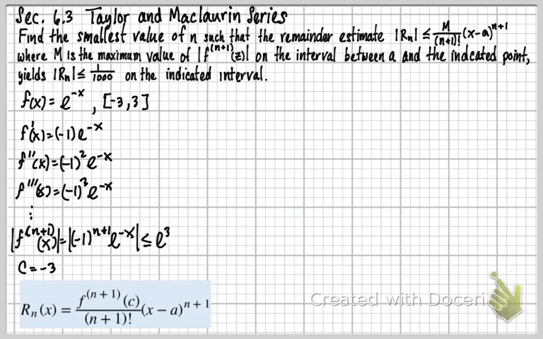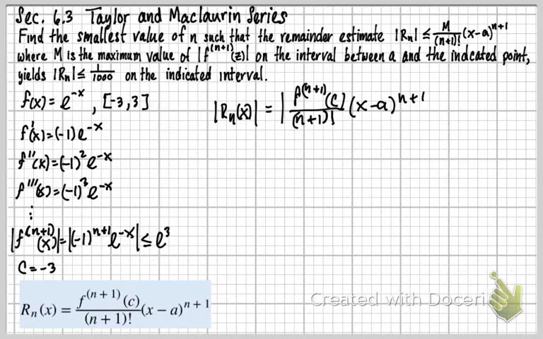So now R n of x equals this thing here. So that means the magnitude of R n of x is going to equal the magnitude, or the absolute value I should say, of f n plus 1 of c over n plus 1 factorial times x minus a to the n plus 1. So the absolute values are going to be the same. They're going to be equal.